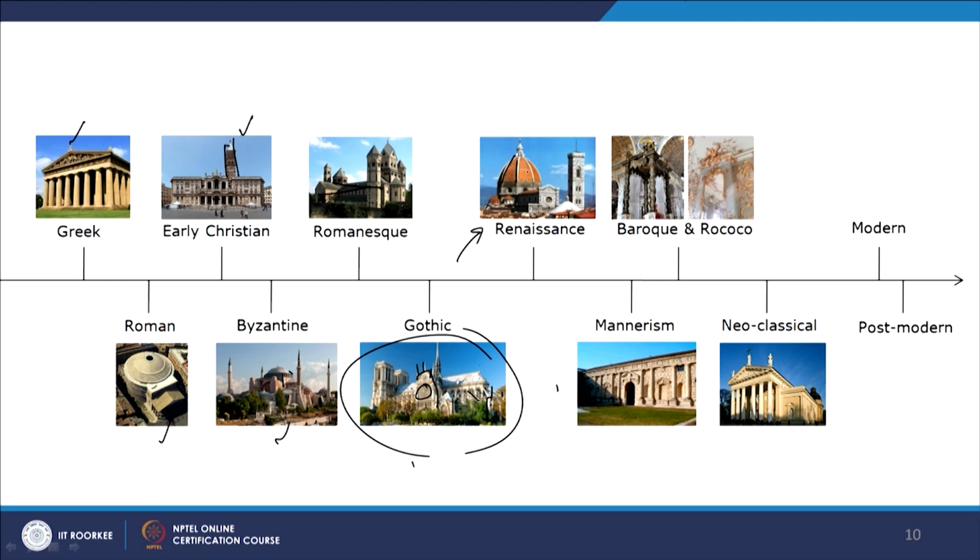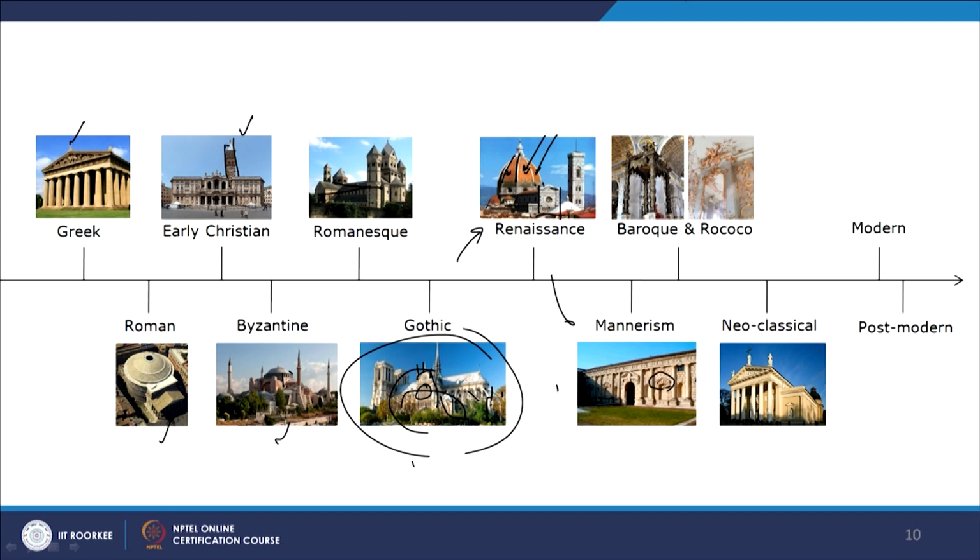Again you can see there's no ornamentation over here. The structural members are just shown here. If you look at the facade, this facade treatment is very minimal, and the major parts do not have any ornamentation. It's like the structure is exposed. Then the Mannerism, here you can see this Mannerist design.